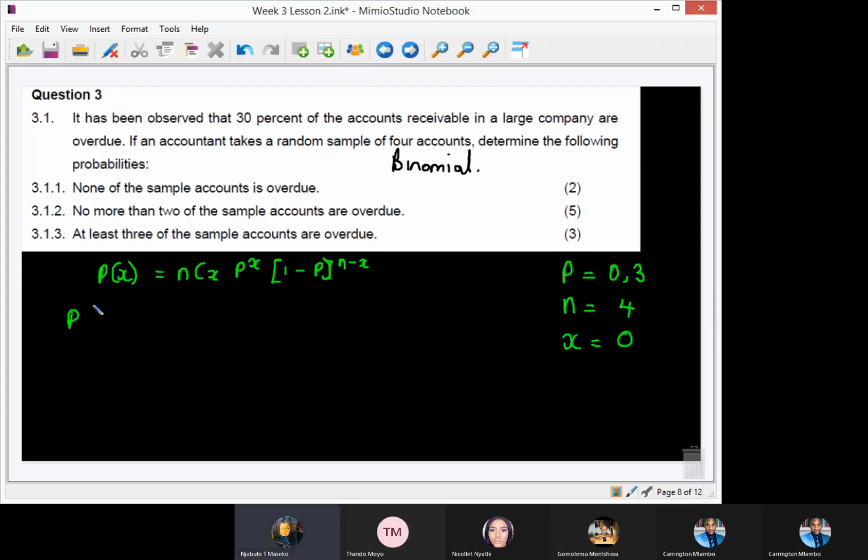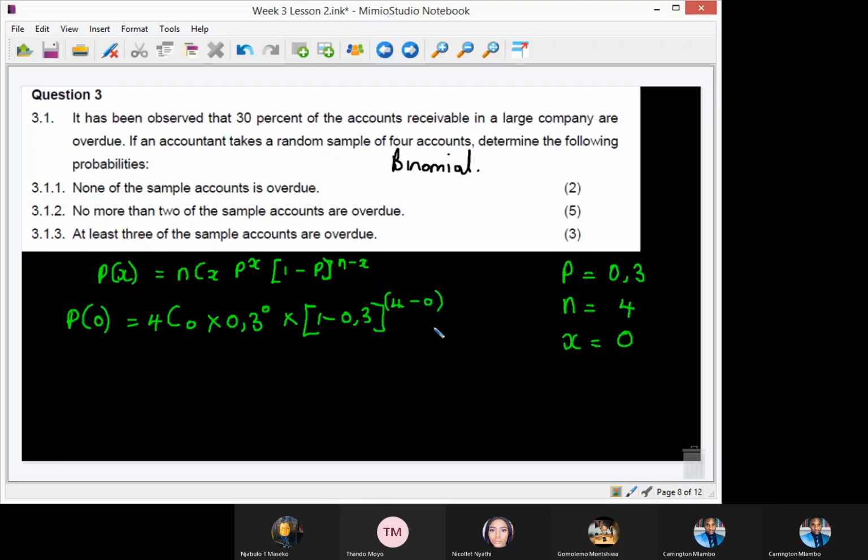Substitute, which is 4C0 multiplied by 0.3 to the power 0 multiplied by 1 minus 0.3 to the power 4 minus 0.